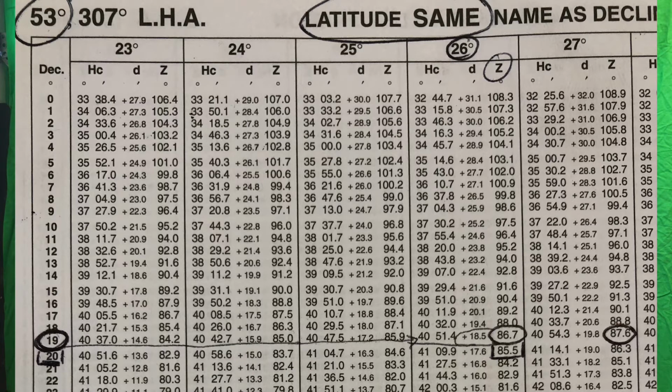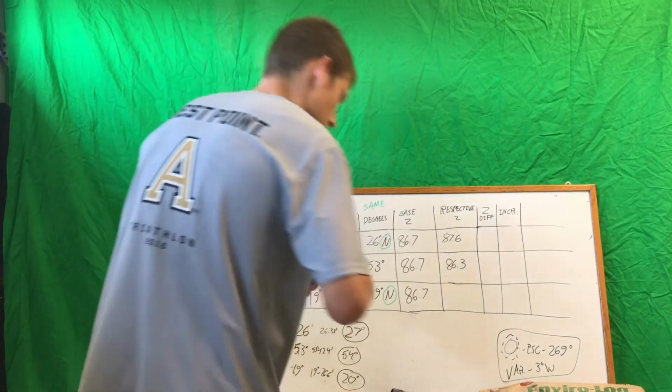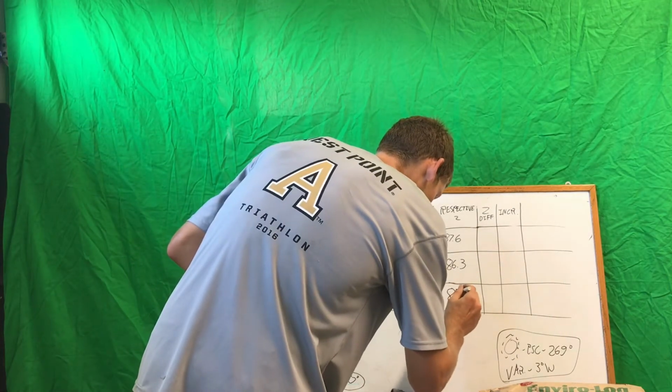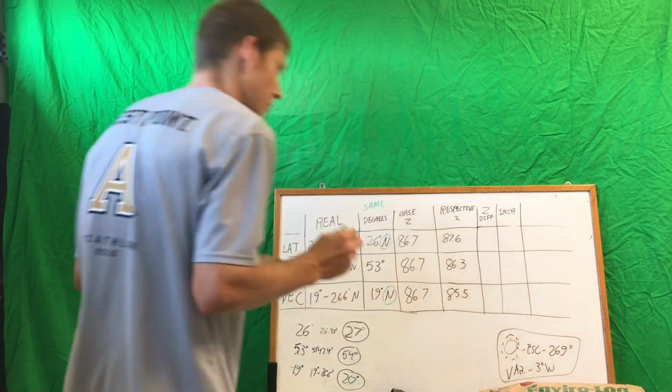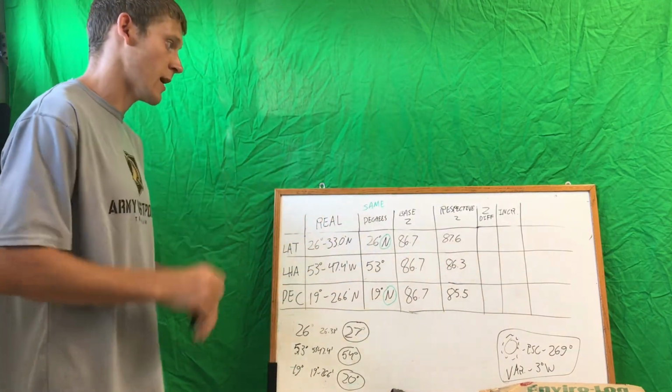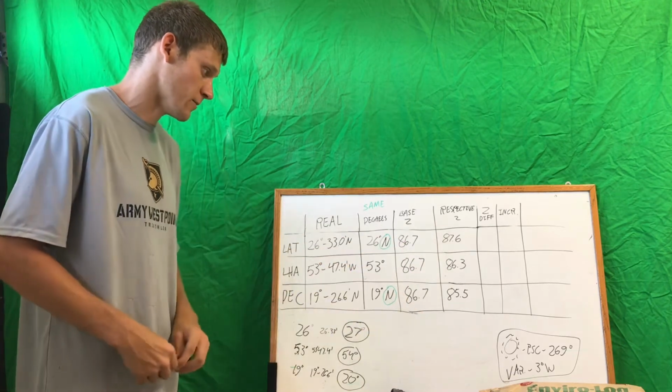And remember, we're just changing declination, and then just go one number down from 19 to 20, and go over to the column that matches 26 degrees latitude and 20 degrees declination, and you will get 85.5. Back to the board. 85.5. And that is how you find the respective Z's.